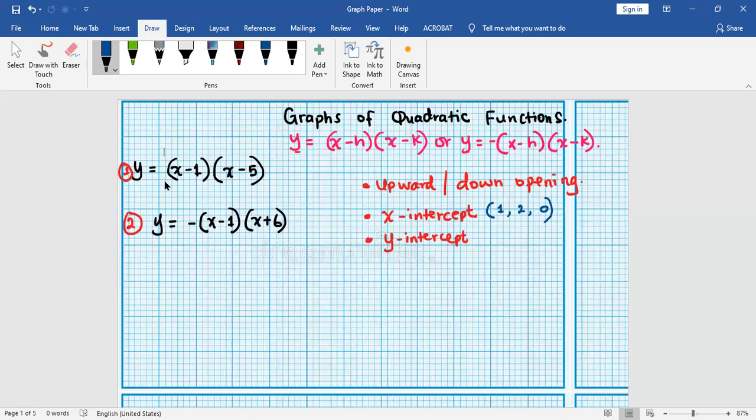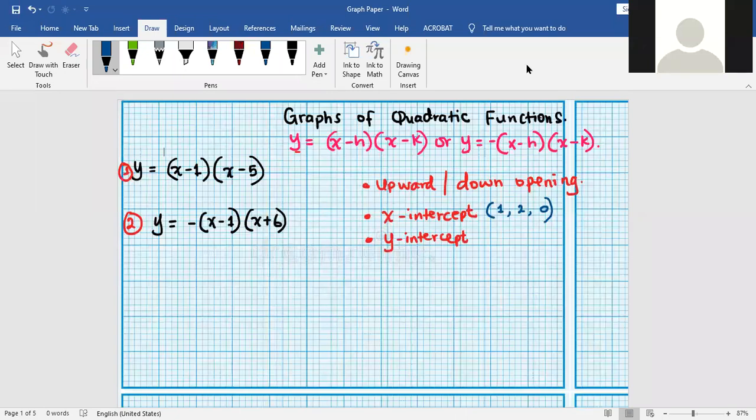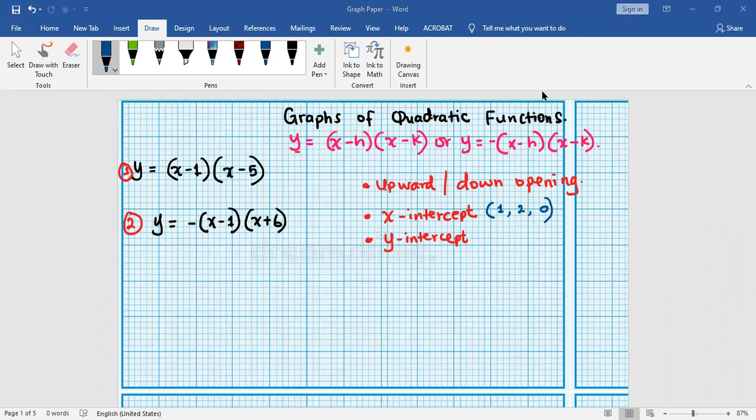And when it is 1, it means that the curve will cut the x-axis at 1 point. So we may have 1 value for x, we may have 2 values for x, or we may have no value of x.